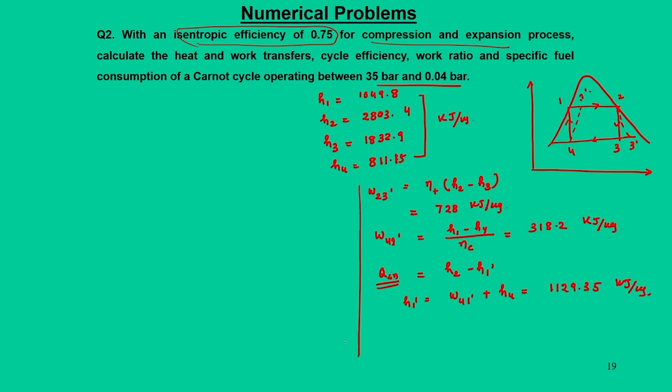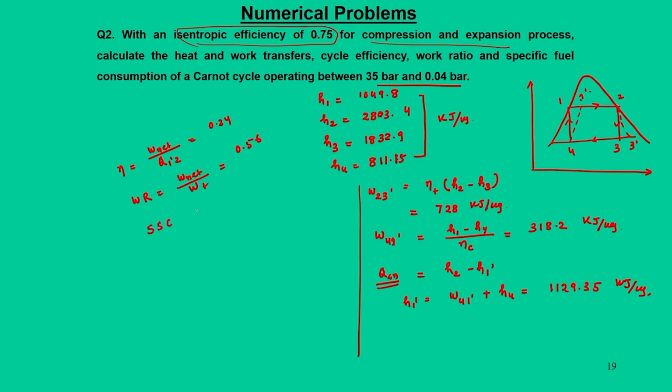Based on this data, we can now calculate efficiency, that is W net by Q 1 dash 2, and that number is 0.24. Work ratio, W net by W turbine, is 0.56.